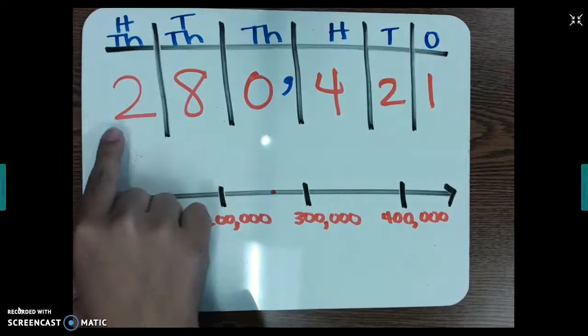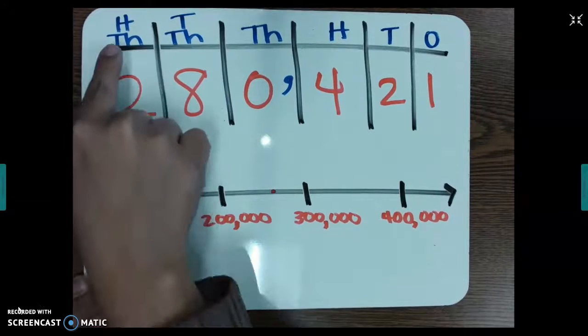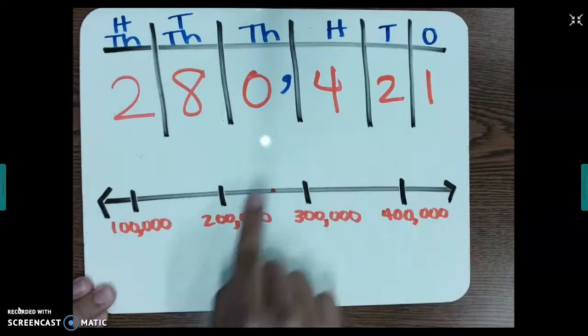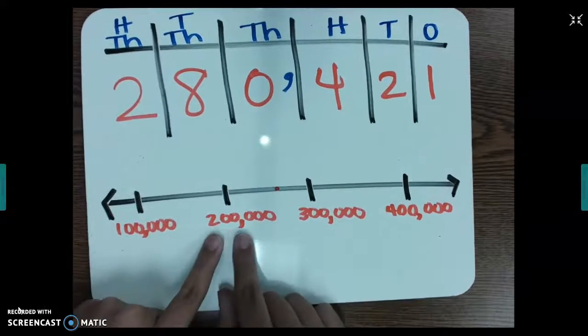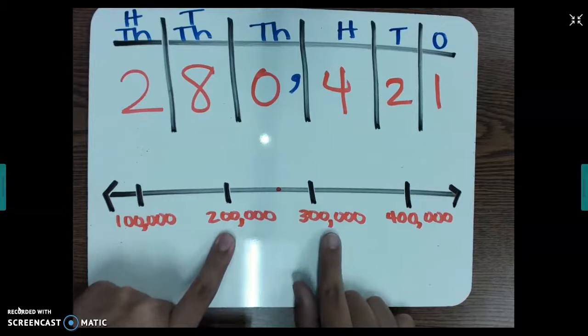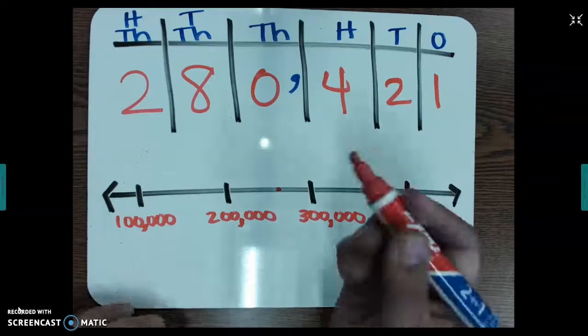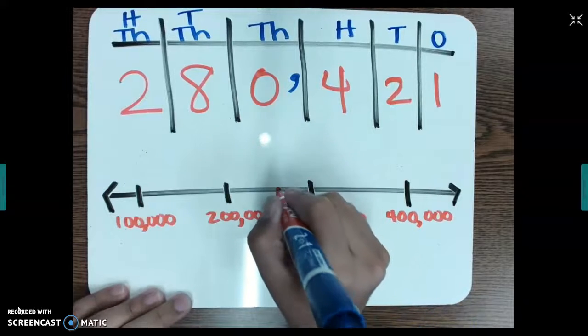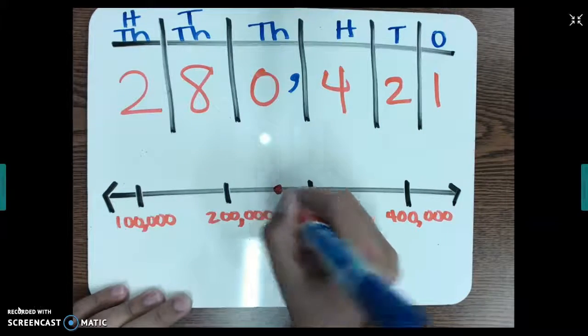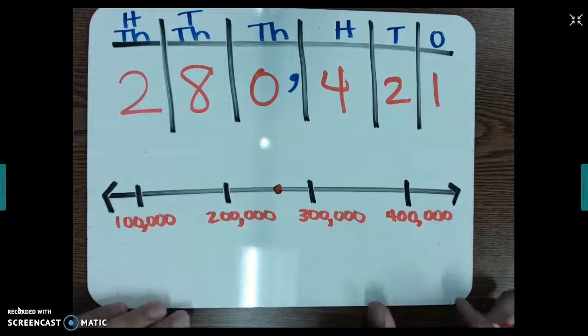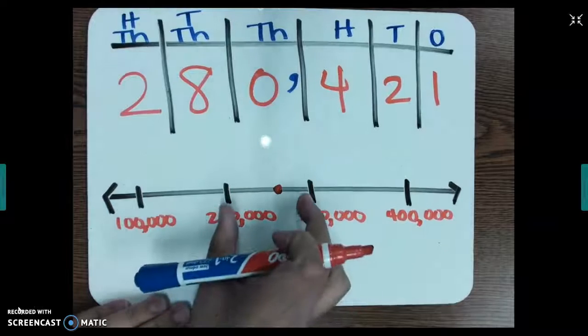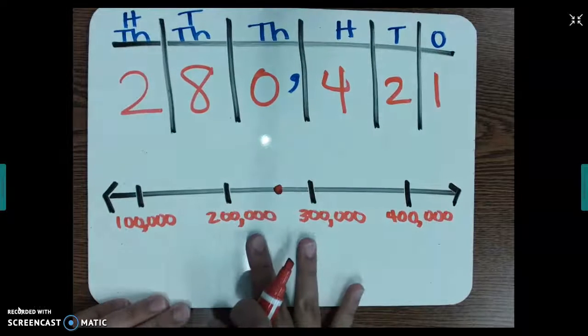So I know my number is valued at 200,000. So I'm going to start here at 200,000, and it is not larger than 300,000. That dot goes somewhere around here. It doesn't have to be exact because you just want to know where it's going to fall in between.